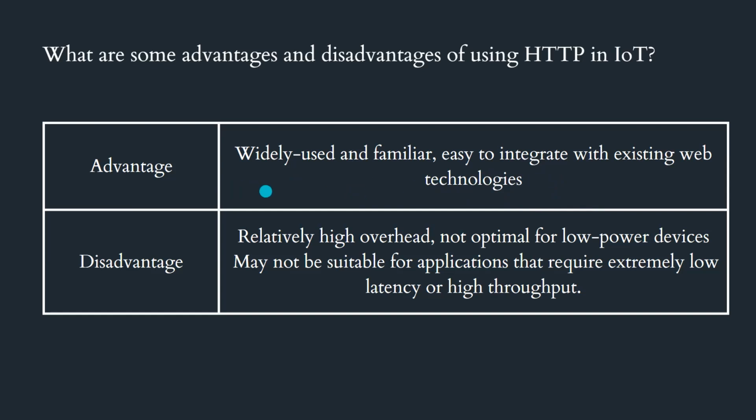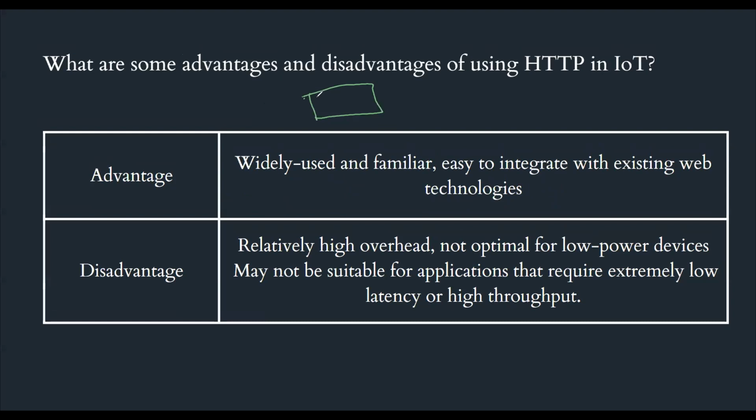For example, if somebody is monitoring some room temperature in an indoor area, that person can monitor the quality of air inside and constantly update that into the website using HTTP. No problem with that.